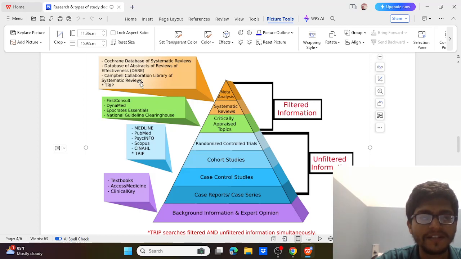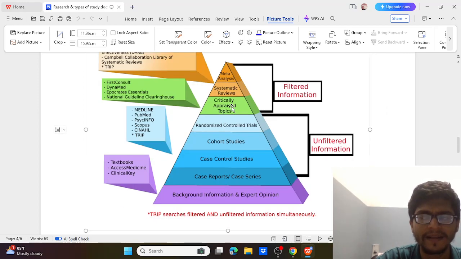And TRIP is a special thing which searches filtered and unfiltered information simultaneously, so it has added advantage. So this was all about the levels of increasing order of types of research. So the best is systematic review and meta-analysis. The best will be meta-analysis.